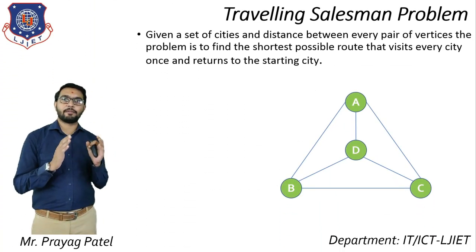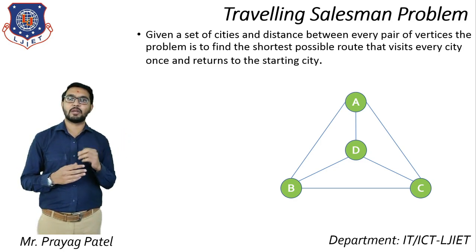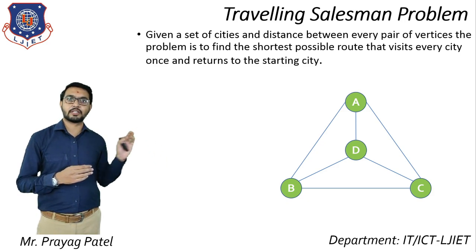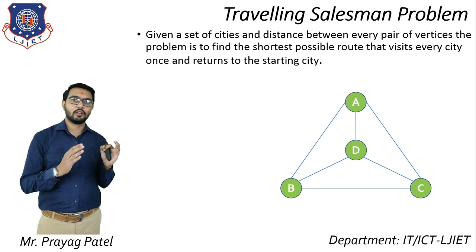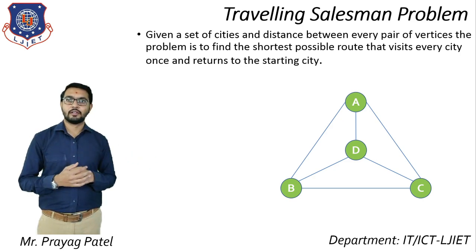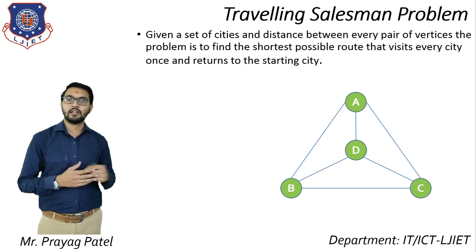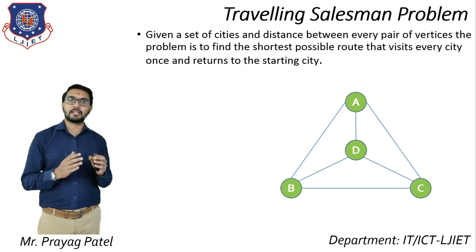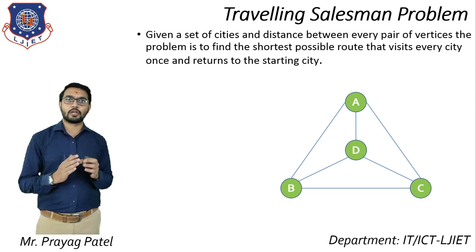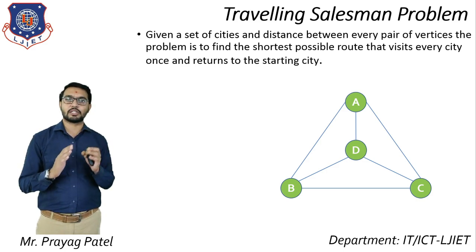Now consider the first problem of the branch and bound technique, the traveling salesman problem. Here consider one graph. In this graph there are A, B, C, D, four nodes. Means consider the four nodes as four cities, and you want to visit each and every city from your starting city. So given a set of cities and the distance between every pair of vertices, the problem is to find the shortest possible route that visits every city once and returns to the starting city.